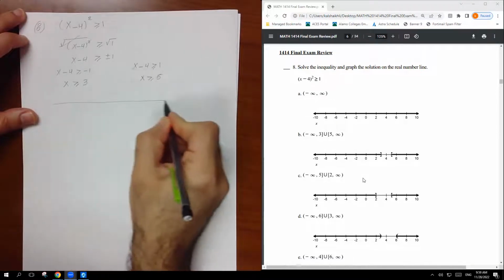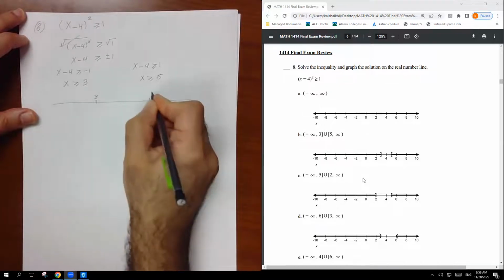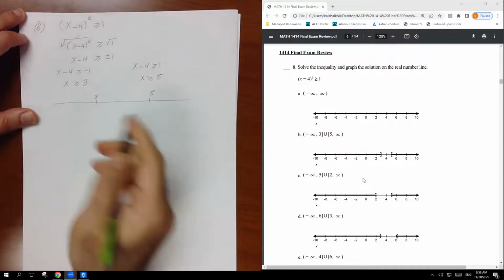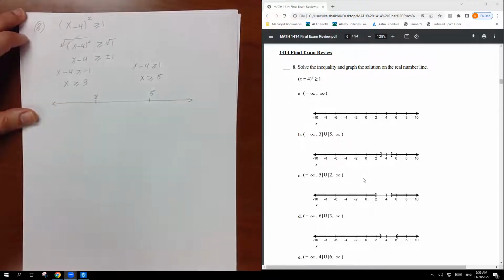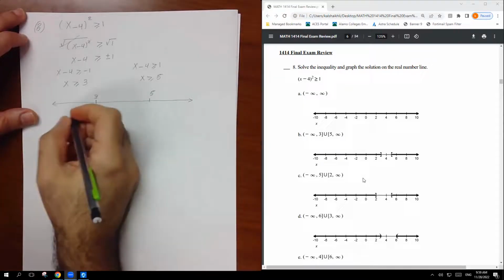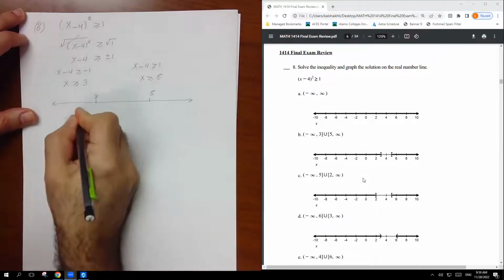I'm going to put the number line here. Here's the 3 and here's the 5. Now I need to check the intervals. This side goes to negative infinity and this side to positive infinity. So I'm going to pick numbers. Let's pick a number less than 3, let's take 2.